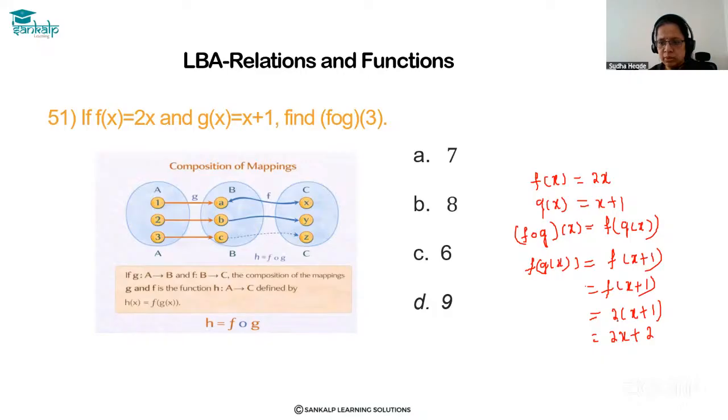2x plus 2. If you want to simplify further, you can take 2 outside and inside it is x plus 1. But it's not required. You can directly find f composition g of 3.